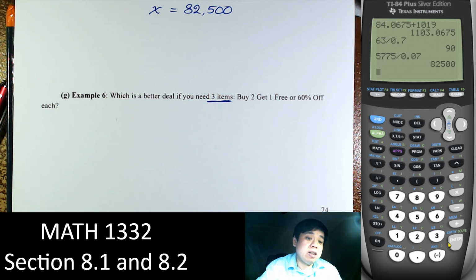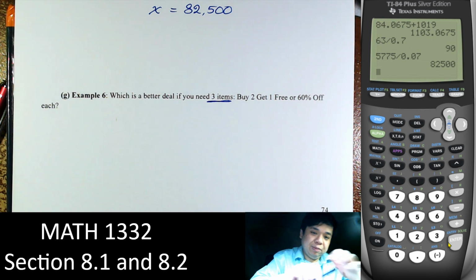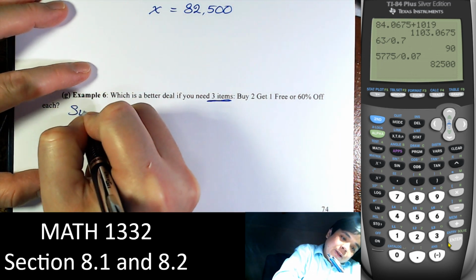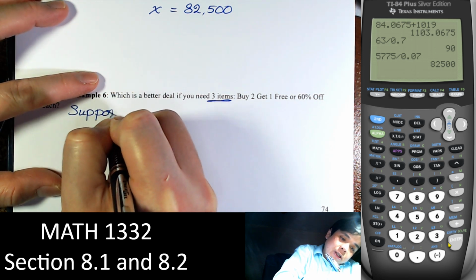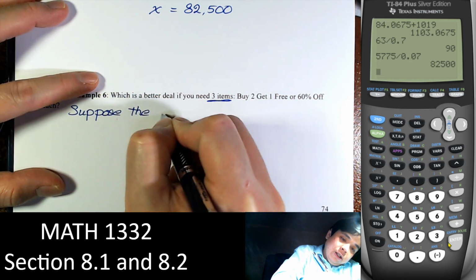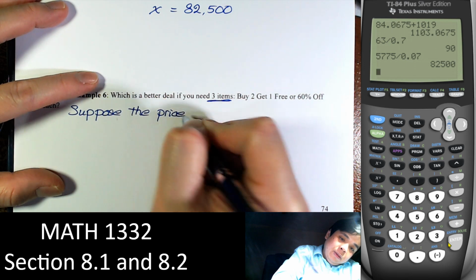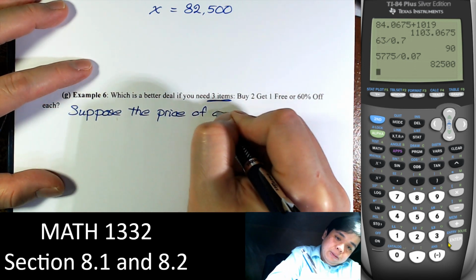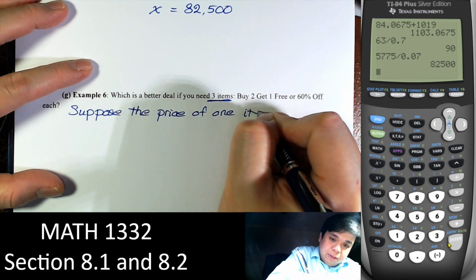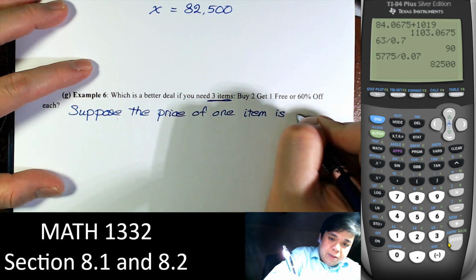Now just look at the price. So let's say, what is the price? Let's say P, right? So suppose the price of one item is P.